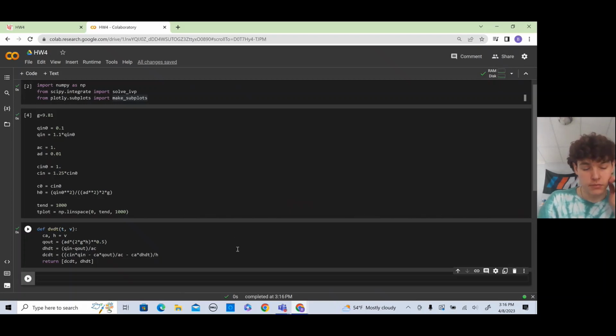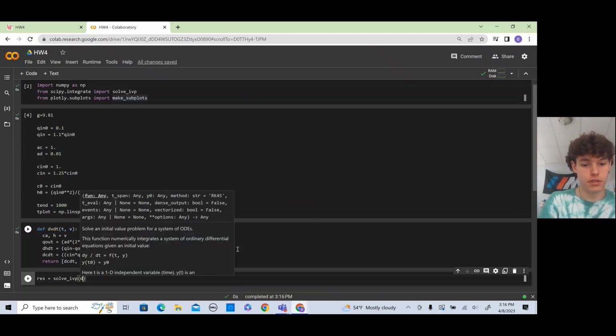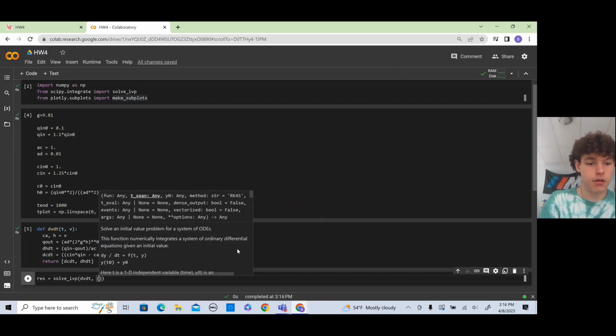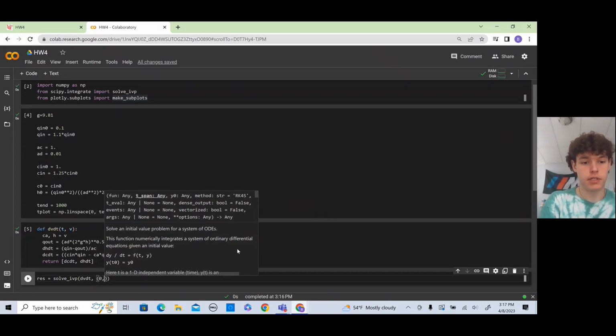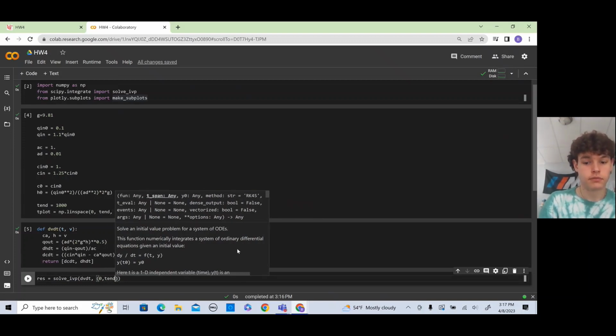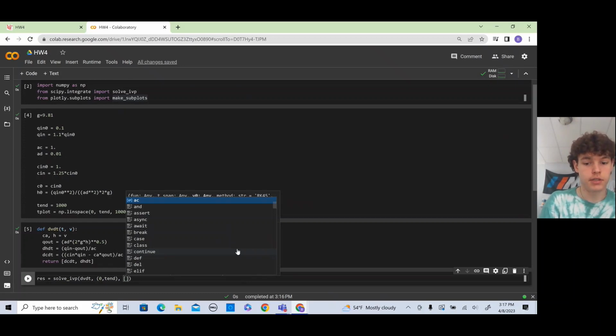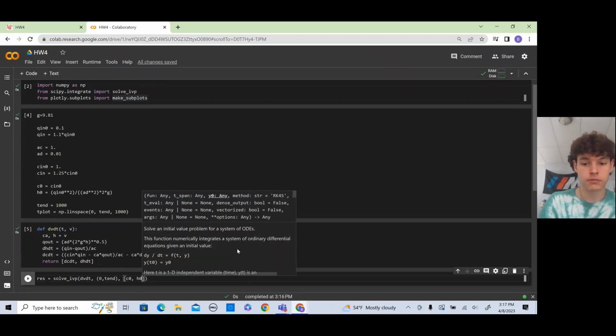So there we go. Now we'll use our IVP. So our results will be equal to solve IVP of our function, so dV dt. The range we want it to go on, so 0 to t end. Our initial values, which in this case are C0 and H0.